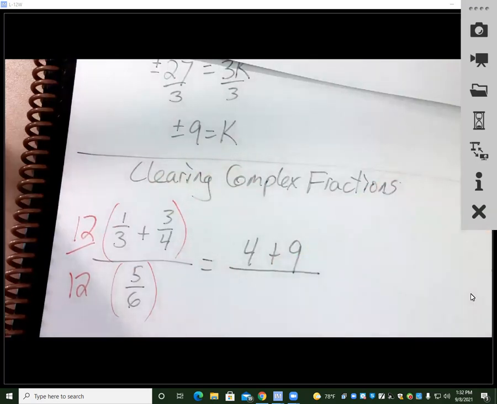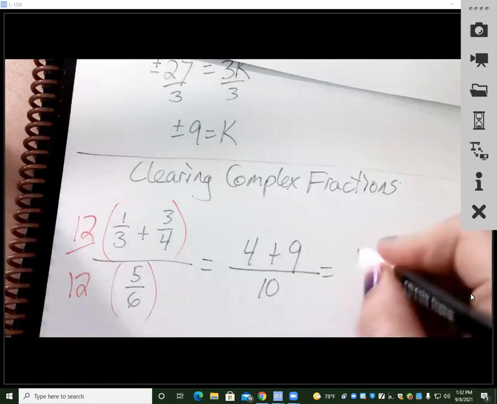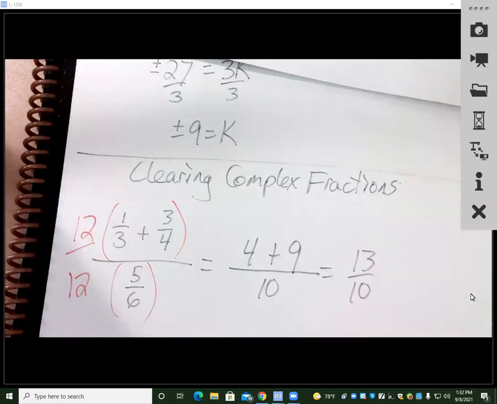You do it on the bottom. What's 12 times 5/6? 10, right? Because you're going to divide down, then multiply by the numerator. So 12 divided by 6 is 2 times 5, 10. Bingo, bango. That was not even that bad. And now I just get 13/10. So all that craziness just gets evaluated into this so much nicer.